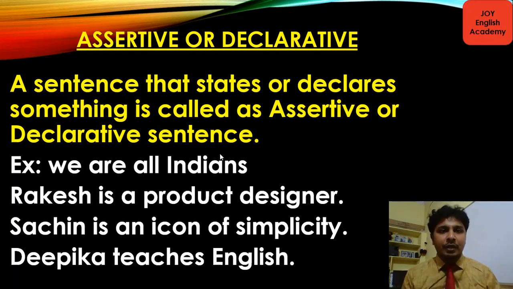Always remember one more thing, all assertive sentences or declarative sentences, they are going to end up with a full stop. Okay, they are going to end up with a full stop. Clear, children? And always remember one thing, every sentence begins with a capital letter. Every sentence begins with a capital letter. Now let us go further.